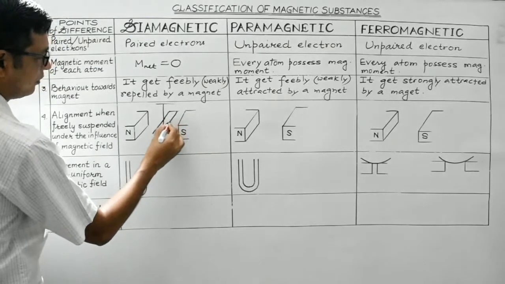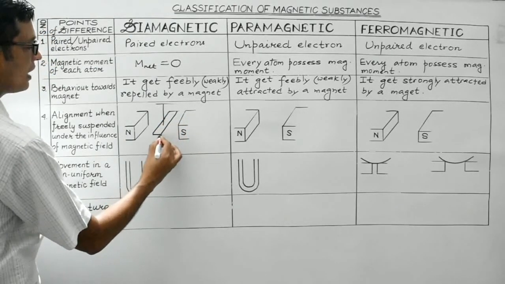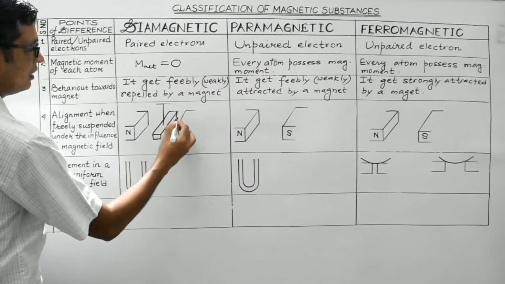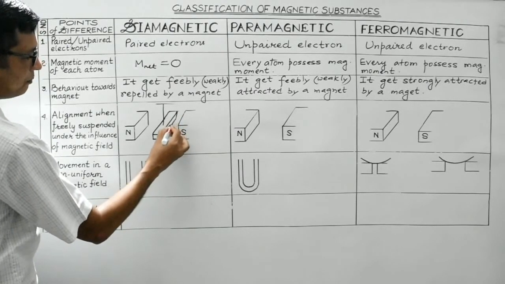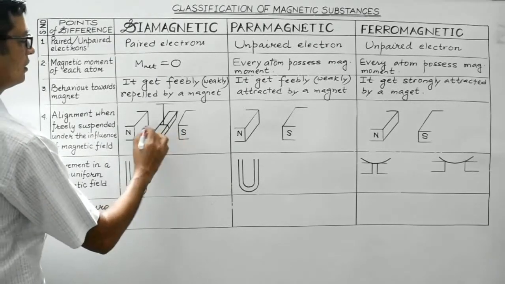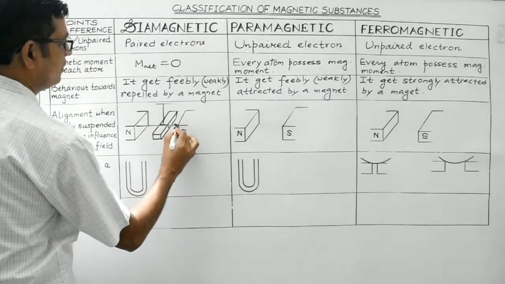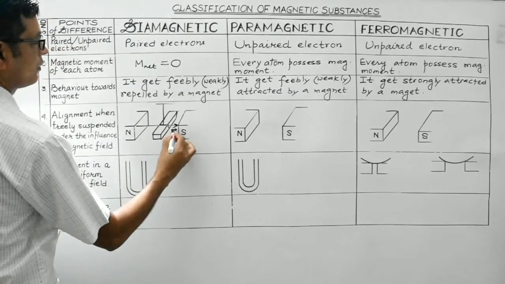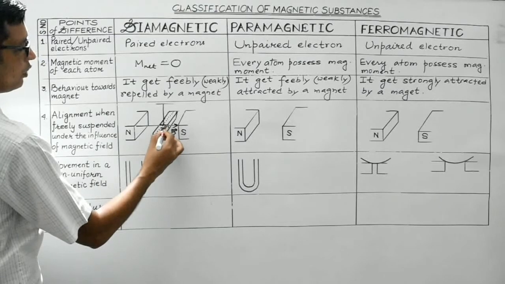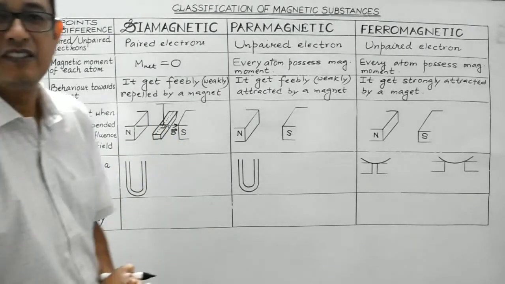I will show you with the help of this particular diagram. Suppose this is a diamagnetic specimen. So when suspended freely, it tends to align itself perpendicular to the direction of the magnetic field. Like this. So this is the direction of the magnetic field, and it aligns itself perpendicular to it.